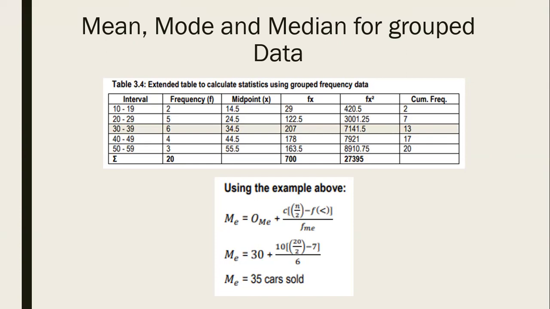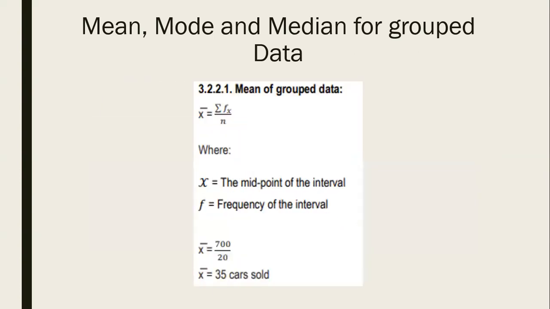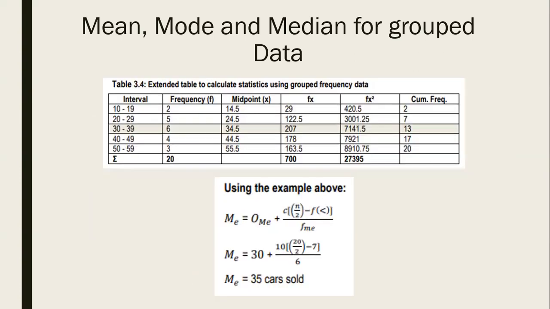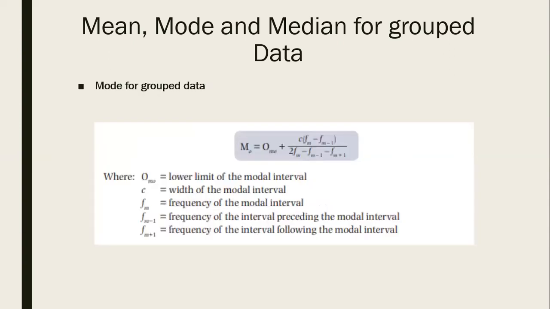That's the reason why we took that 7 there, and we put the 7 there, divided by the frequency of the median class, which is 6. And then we put the 6 there. And then we calculate. So the median in this case is 35. For this example, the median and the mode happen to be the same, but it doesn't mean that they are always the same, because the formulas are different. But somehow, for this example, it was the same, but that is how you calculate the median.